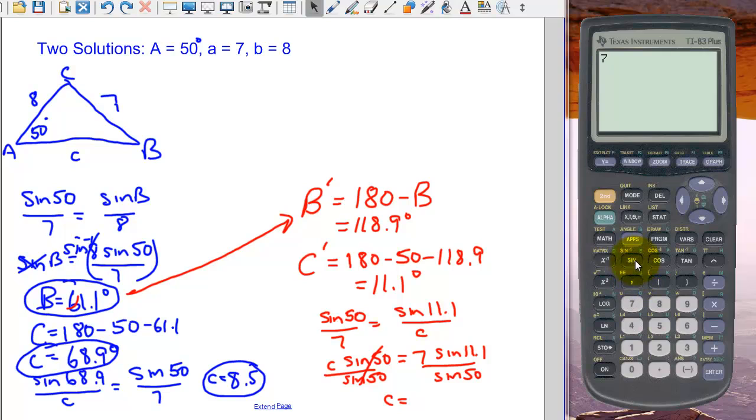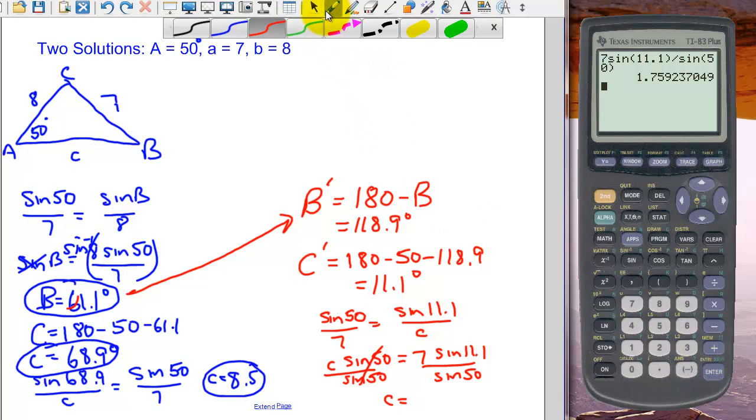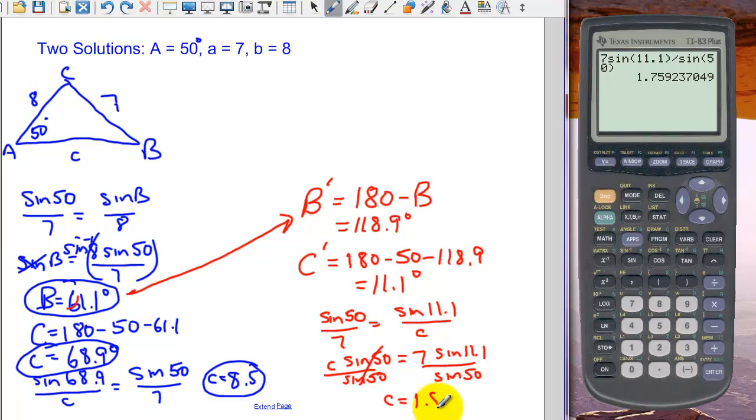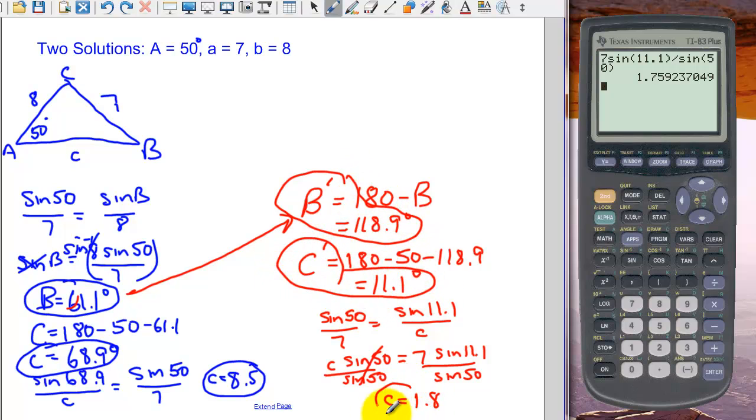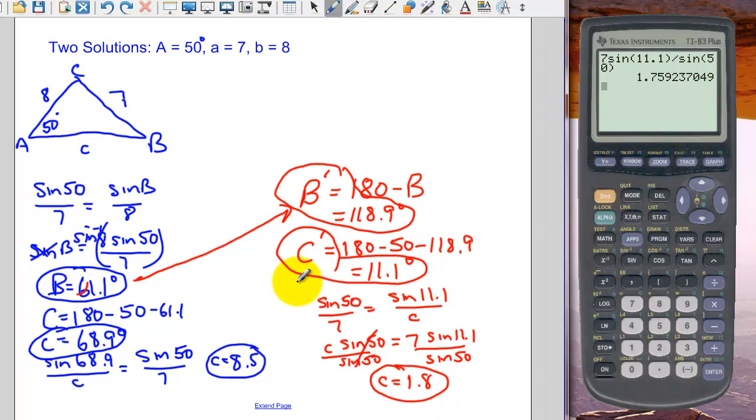So 7 times the sine of 11.1 divided by sine of 50, and we get about 1.8. So we have our second solution here, B prime, C prime, and little c. So on these problems we have to list both solutions, or you're going to be missing out on part of the problem.